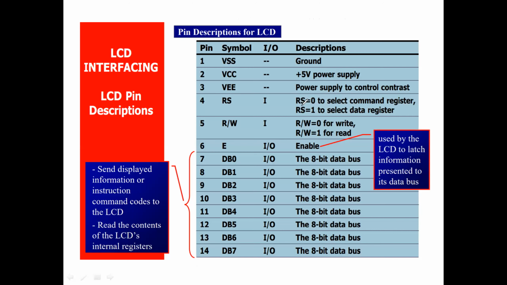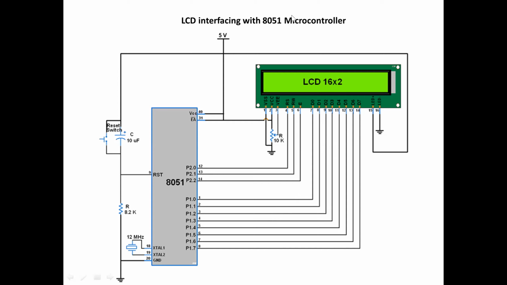First thing, if you want to send a command, then RS should be 0. Then how can it be made 0? Since we have interfaced this particular pin, we have chosen P2.2. We can connect it to ground or anything so that this RS should be 0, so you have to make this particular pin 0, so that the RS pin will be 0.